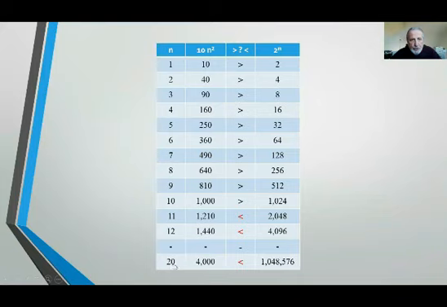If you go up to 20, you see this one is 4,000, but this one here is 1,048,576. You see how this one is much smaller than this. Now, actually, if you replace this by, say, 100n squared, you have to go a little bit more than 12 for this inequality to change direction.